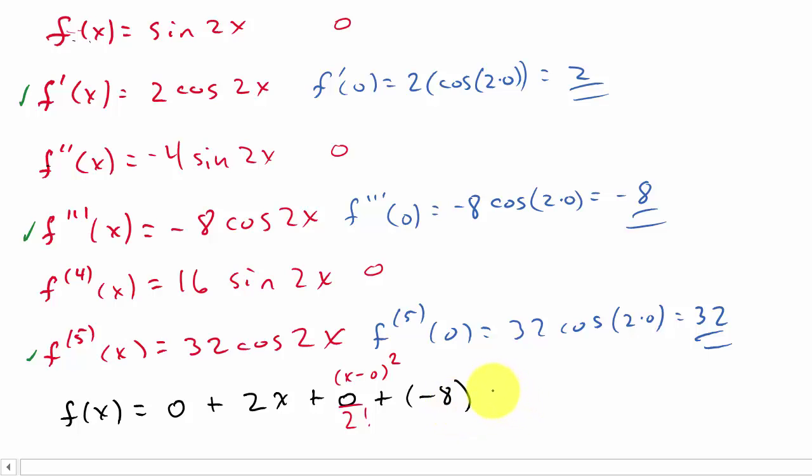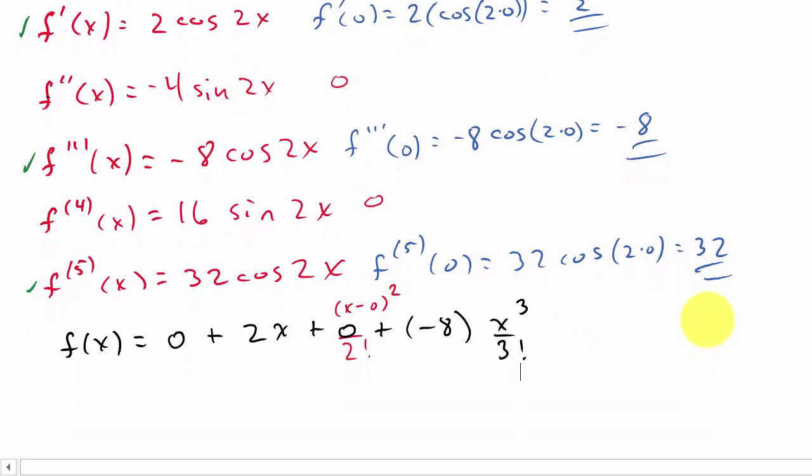So this term is going to be negative 8 times x minus 0, which is just x, cubed over 3 factorial.